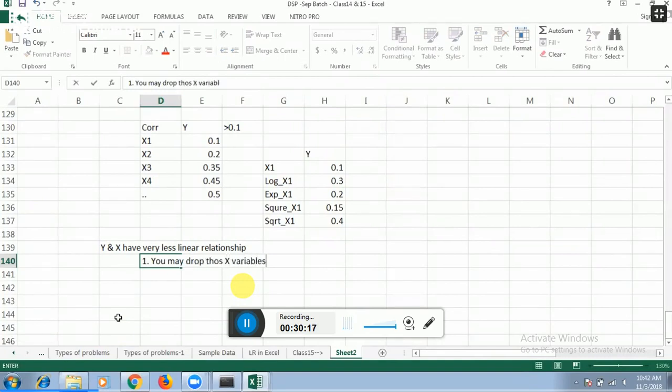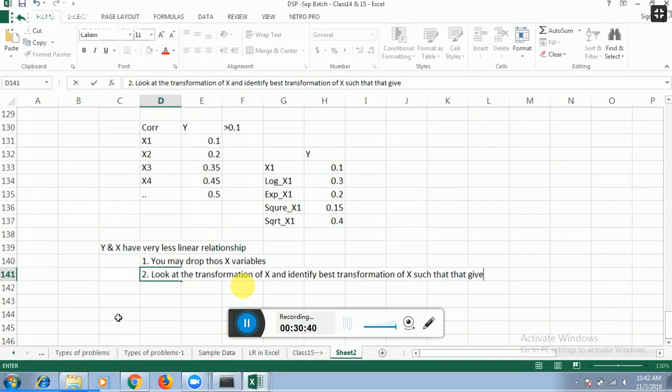Method two is to look at the transformations of x and identify the best transformation of x that gives significant correlation with your y.